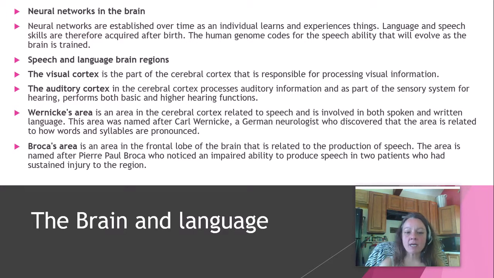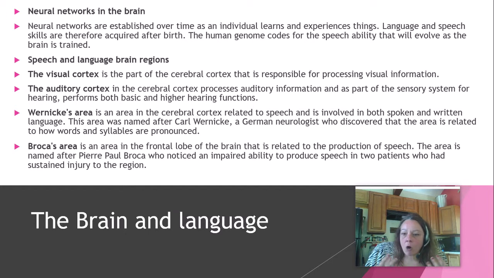And so when it comes to specific areas of the brain that we know are responsible for speech and language, we have the visual cortex, auditory cortex, the Wernicke's area, and the Broca area. Being human means that we're constantly bombarded by outside stimulation, right?